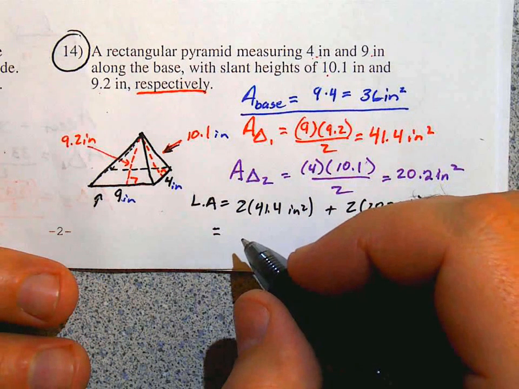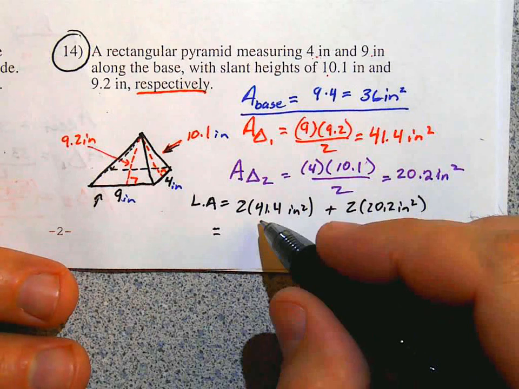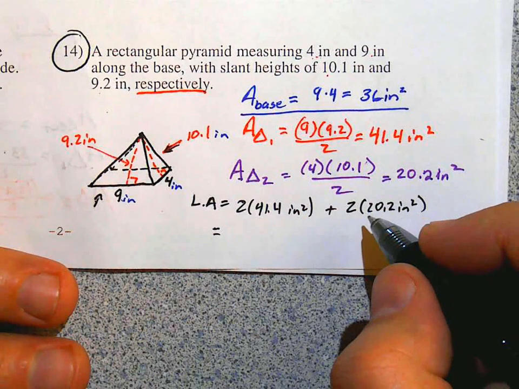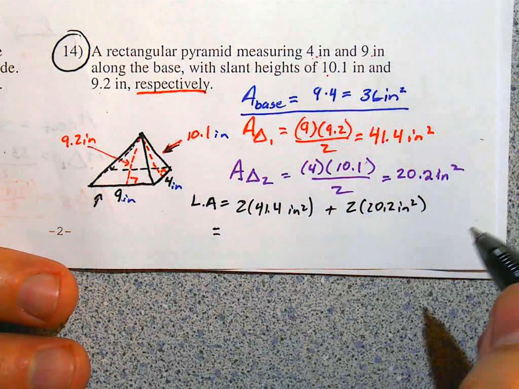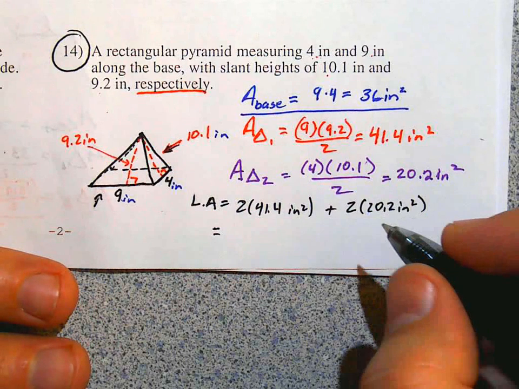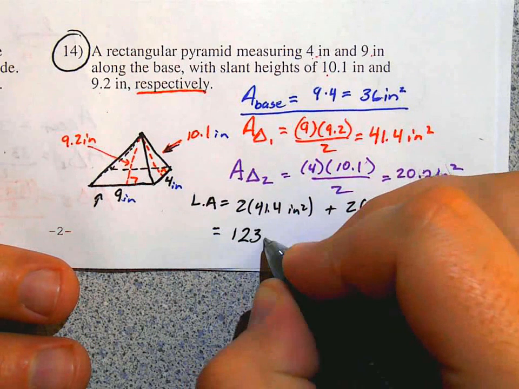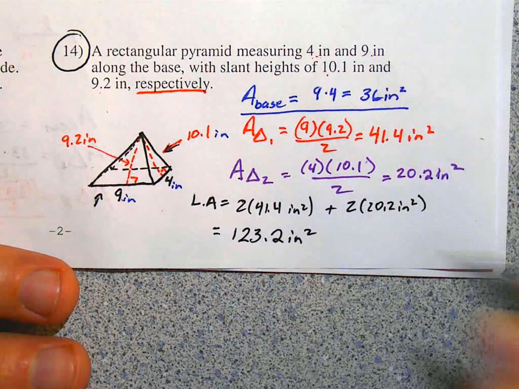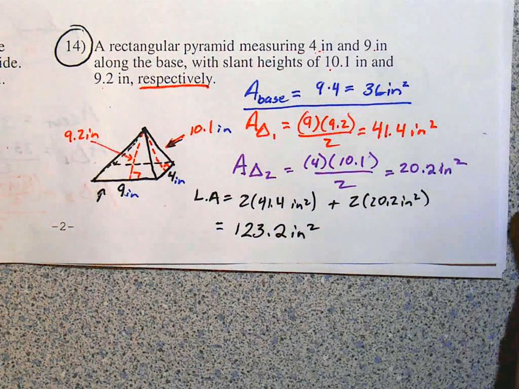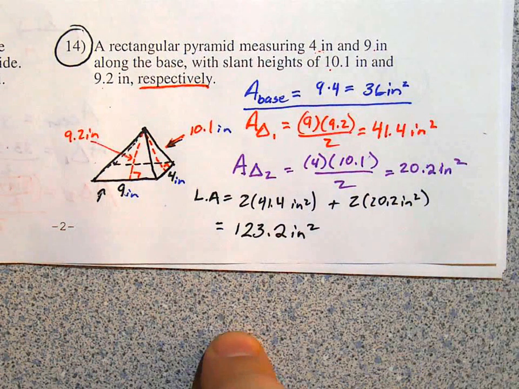And I'm going to add all that together, and I'm going to get 82.8 plus 40.4. Well, let's see, 82.8 plus 40 is going to be 122.8, plus 0.4 would be 123.2.